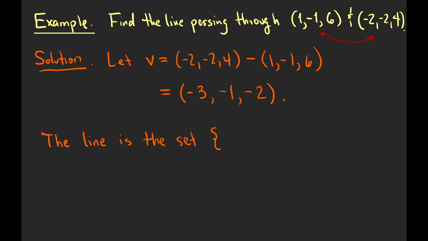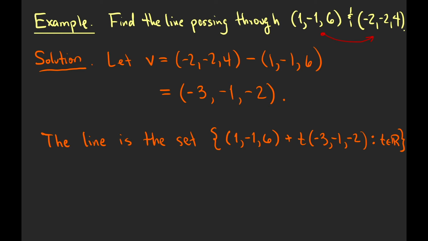So the line is the set (1, -1, 6) plus t times (-3, -1, -2), such that t is a real number.